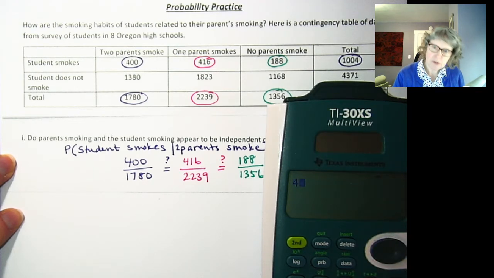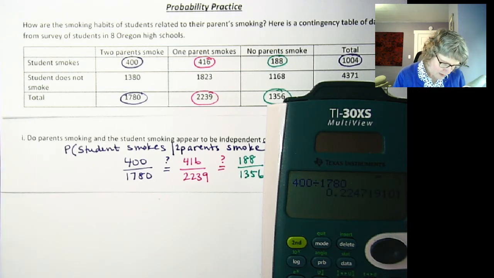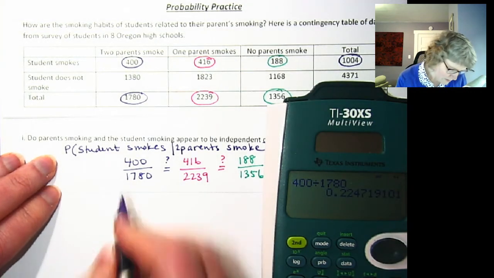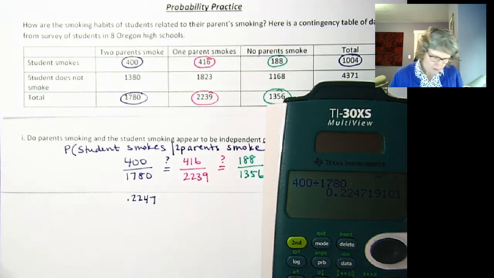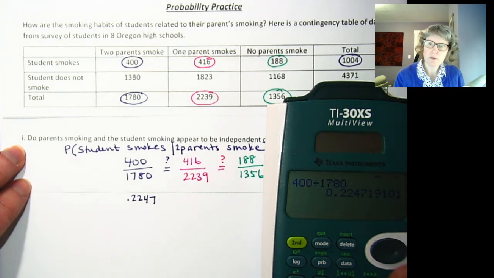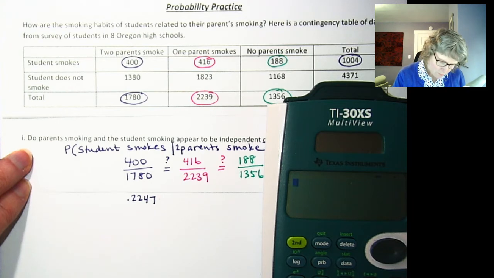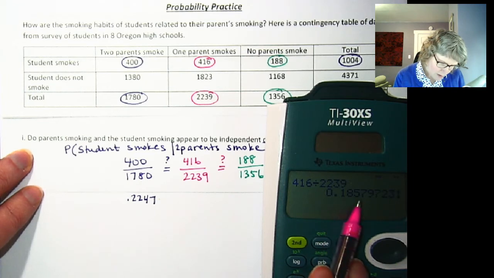So 400 divided by 1780 is 0.2247. And again, I'll leave the equal signs blank since I don't know what's going to happen. 416 out of 2239 is 0.1858.